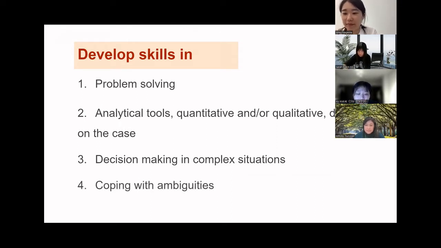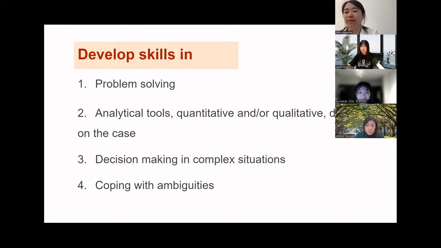And you cope, meaning how to handle ambiguities. Ambiguities means things which are blurry, not clear. That's why we need to discuss and get ideas, because there are a lot of things which are vague. And the case study doesn't tell all the story. If you want to write the story, it will take you maybe 2 volumes.